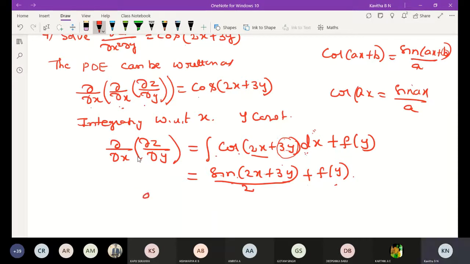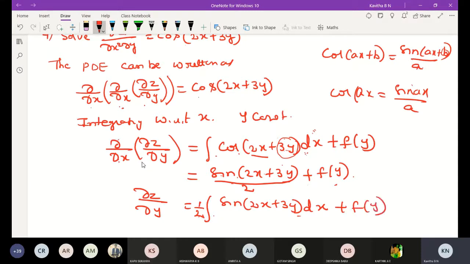Then again integrate del z by del y: integration of 1 by 2 integration of sine of 2x plus 3y into dx, integrating with respect to x only, because del by del x means partially differentiating with respect to x, plus f of y.